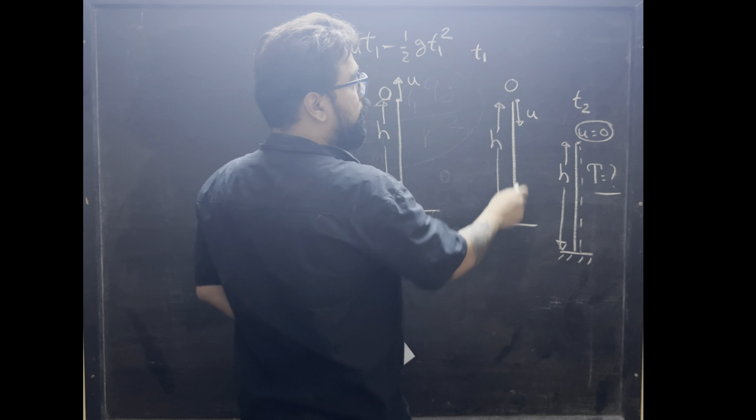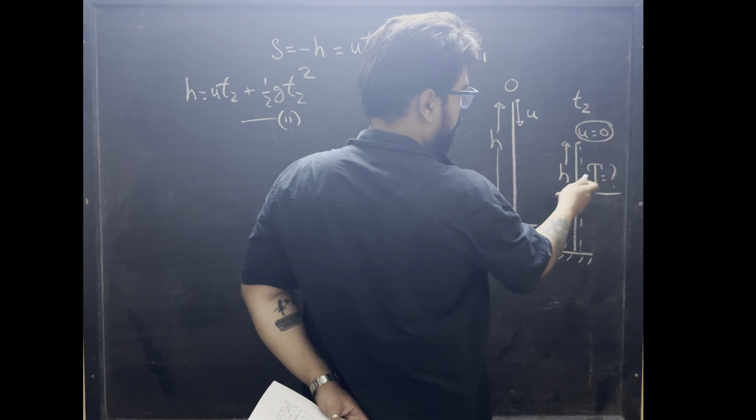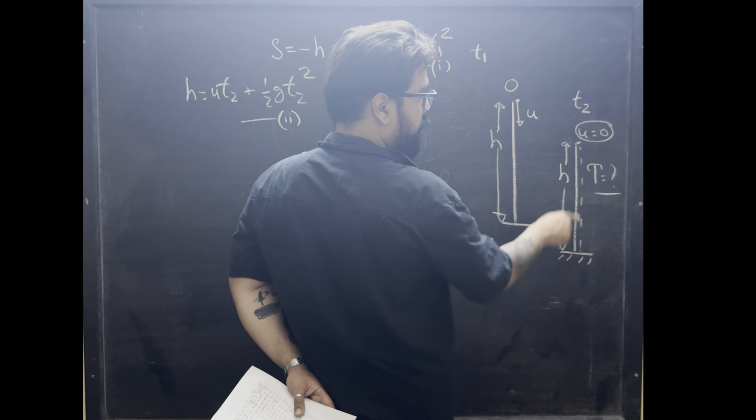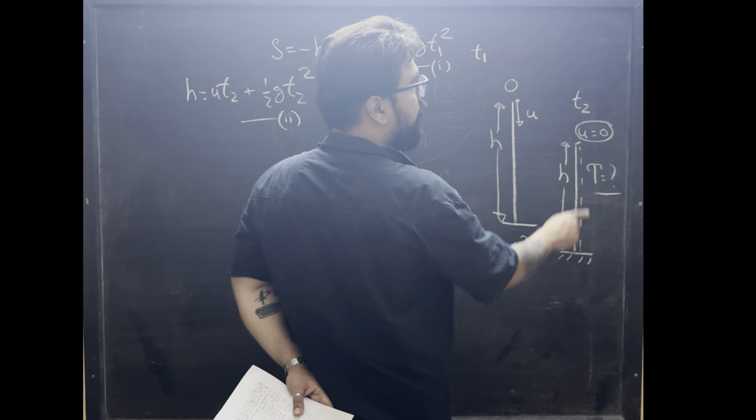Now for the last case, for this capital T. Now your u is 0, the ball again goes downward, so the displacement is minus h, and gravity again acts vertically downward, so g is negative. So what should be the equation? For the last part, h is again negative, so minus h, u is 0, gravity is vertically downward, so minus half g T square.